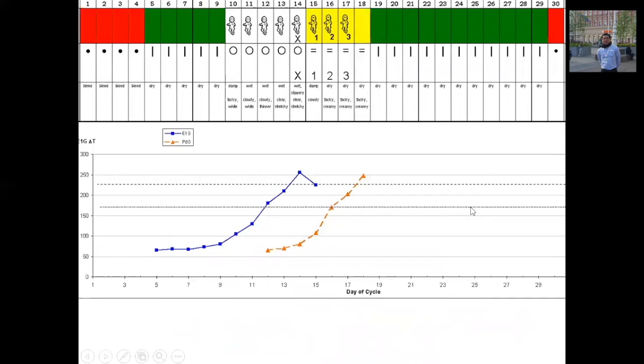So look, this is a revelation to all because since the first Saturday, we are always talking that the peak day is always the day of ovulation. Most of the time, it is the day of ovulation. But look at this one.